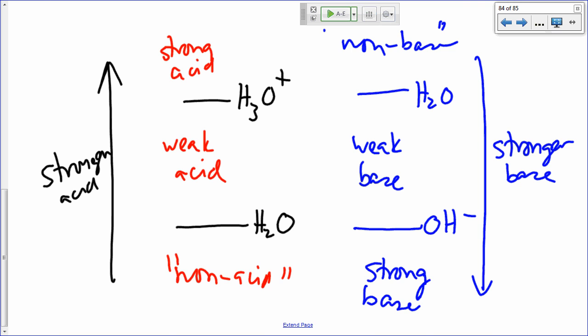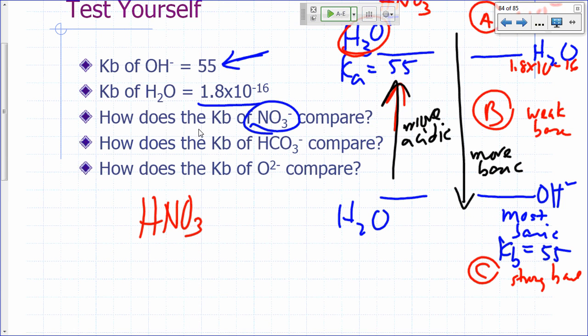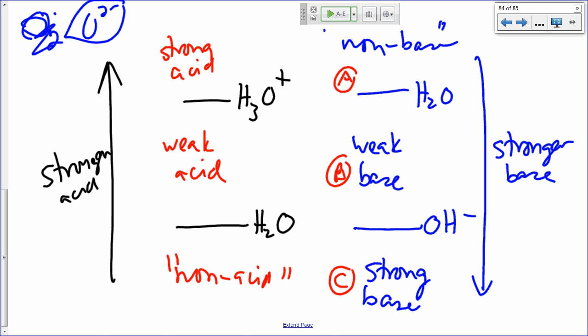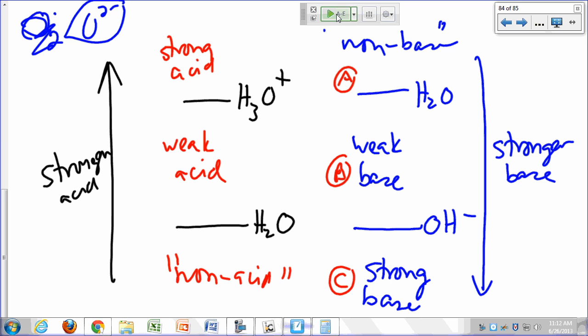So where would oxide fall in this scale? Oxide, oxygen with 2 negative. Where would you find that, in A, B, or C? Is it stronger than hydroxide?